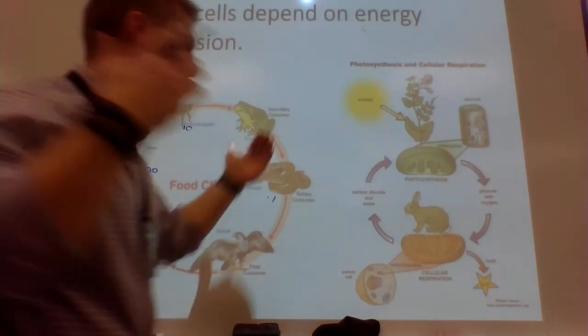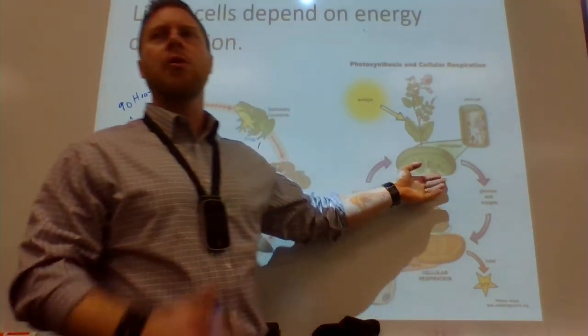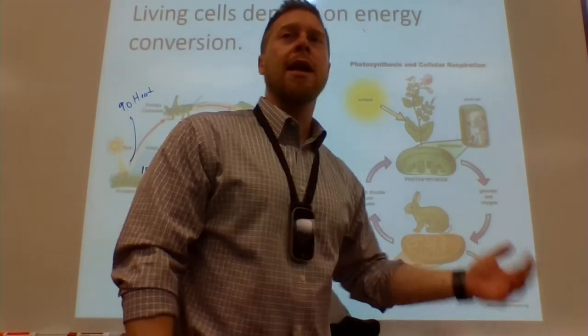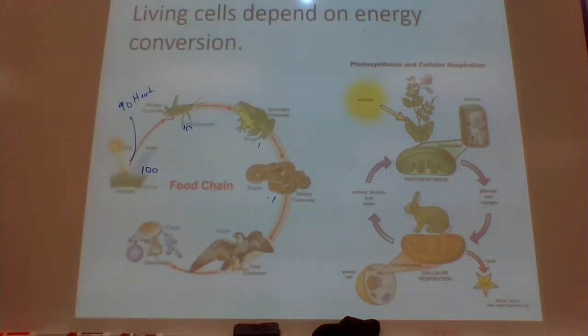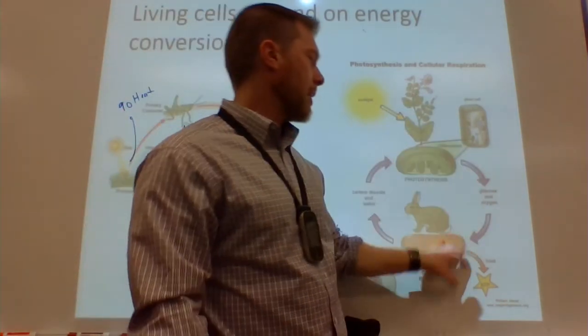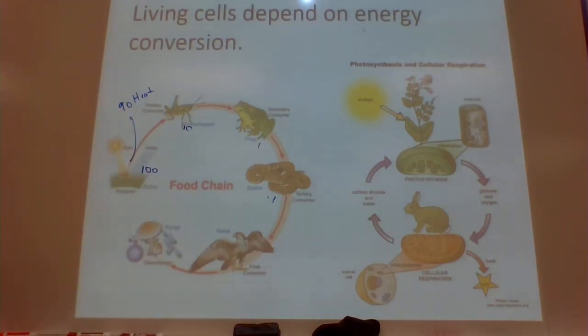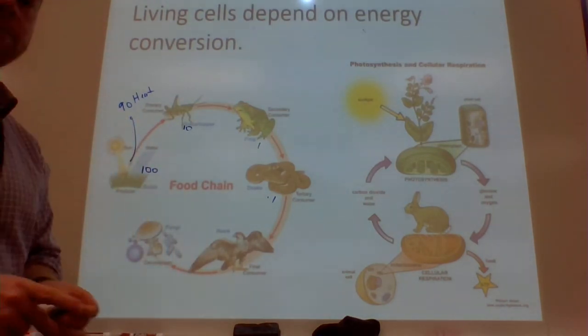Solar energy converted into chemical energy. Cell respiration takes chemical energy, the energy found in sugars, and converts it into a different chemical energy, the energy stored in ATP. So both of these metabolic pathways are great examples of energy conversions taking place.